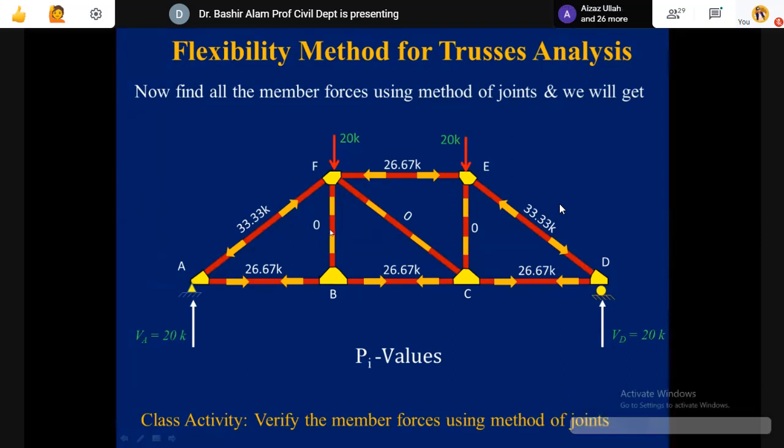This is 30 square plus 40 square whole under the root, so 50. Everywhere the diagonals we see, these are 50 feet long. So 20 is in the 30 feet direction, both are vertical. So 20 divided by 30, so how much force will be in the 50? So multiply by 50, you do it. And now you tell me how much number you are getting.